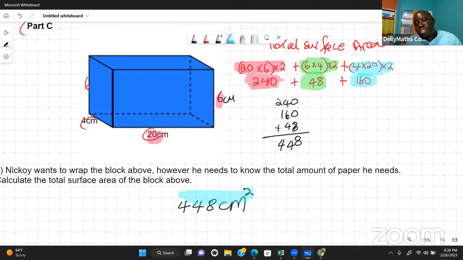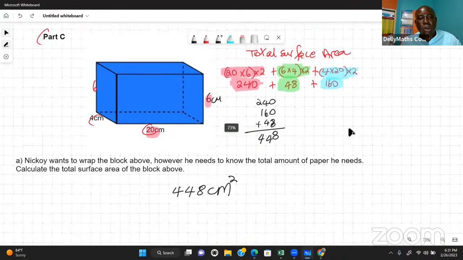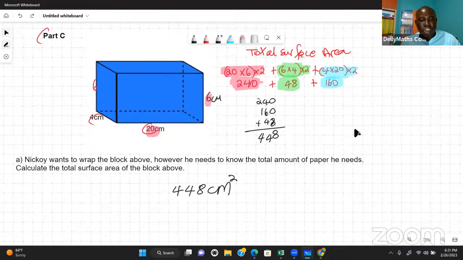So this is a square unit I'm using there, because it's area. So you have to pay attention to the units that you're using in response to the questions that we got. So the total surface area, as you could see right now, is 448.